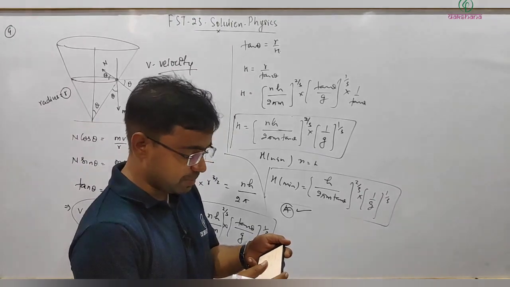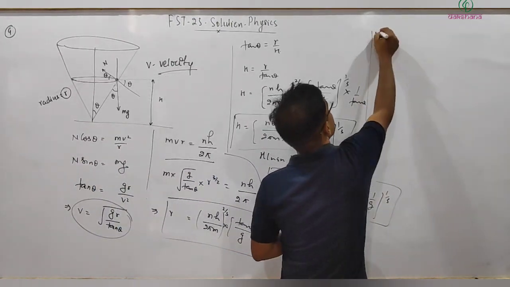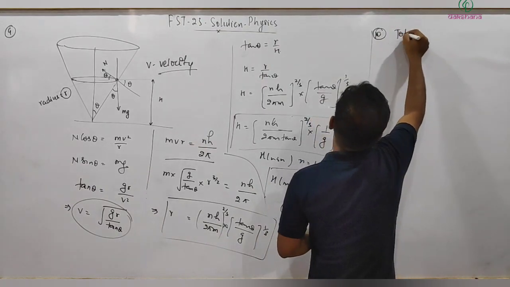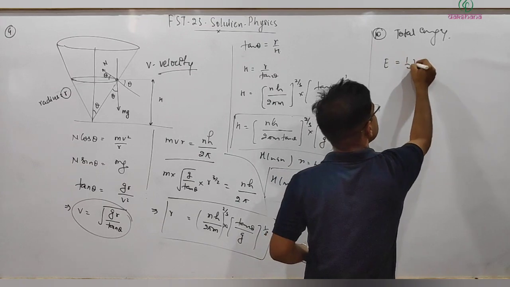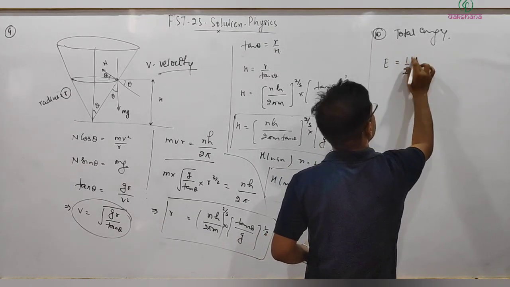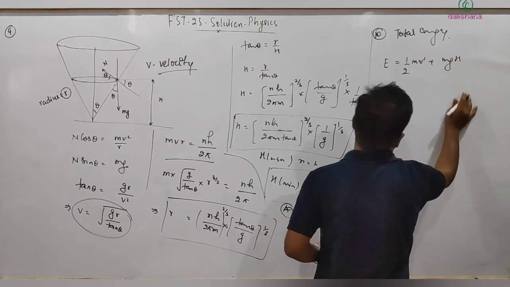Next, the total energy of the particle, where n is an integer. So the total energy of the particle, that is question number 10. E will be equal to kinetic energy, that is half m v square, plus potential energy mgh.